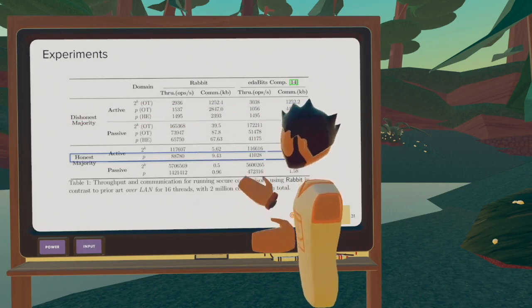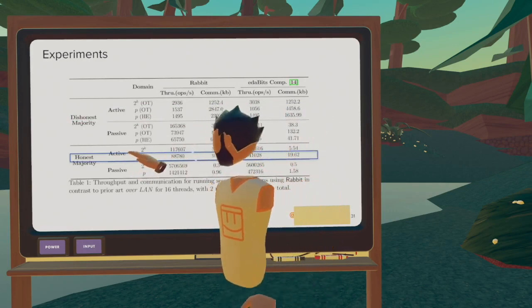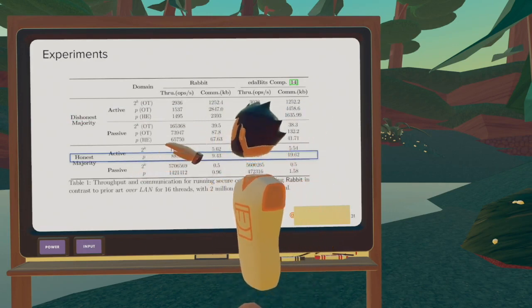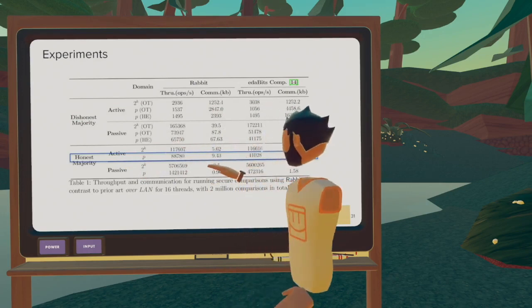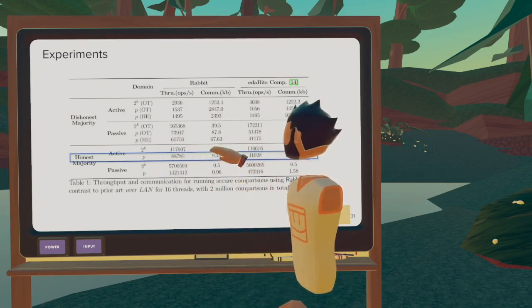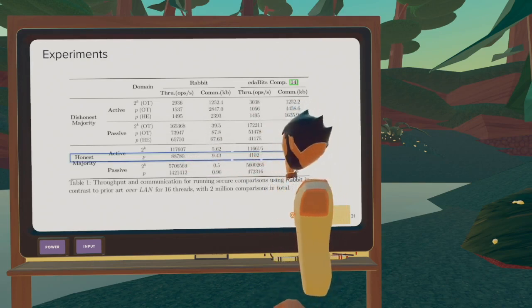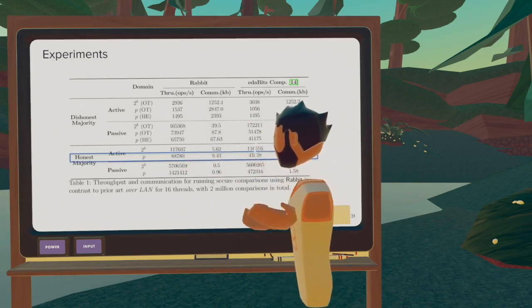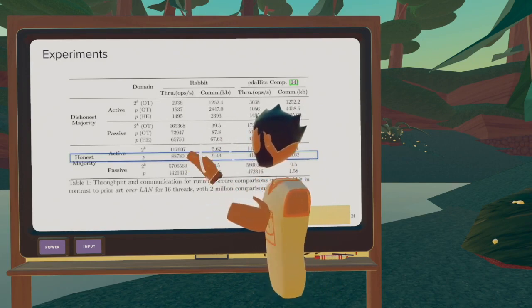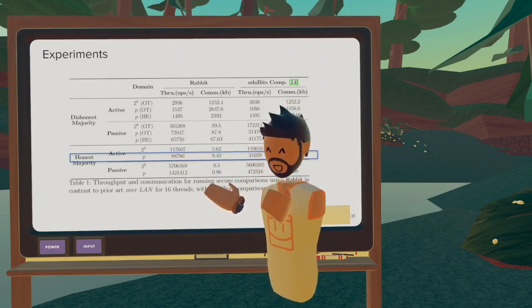You can see that for the honest majority case, throughput is also better in the field case. So we can see that throughput is around 88,000, whereas here it is around 41,000 for EDABITs. So we can see that, of course, Rabbit is better in these cases.